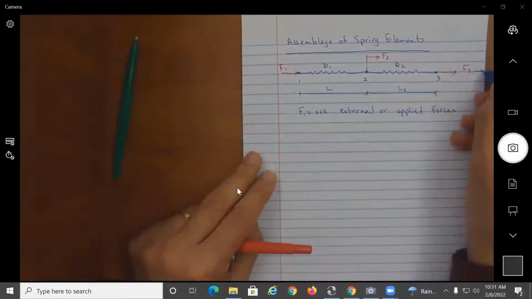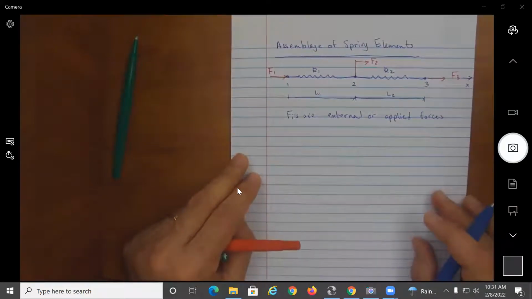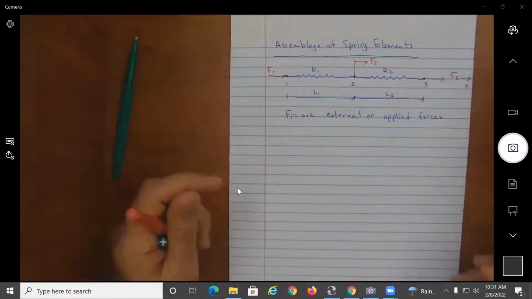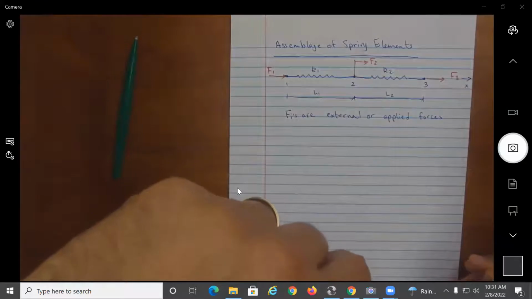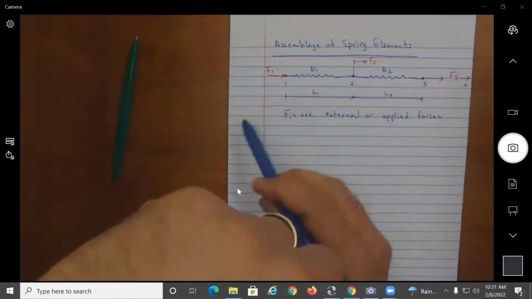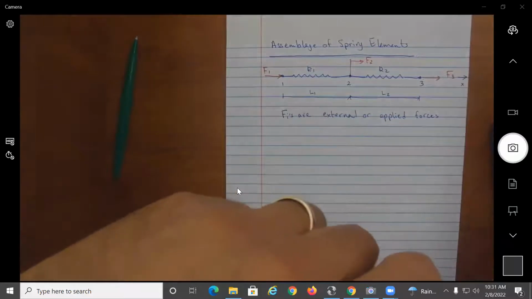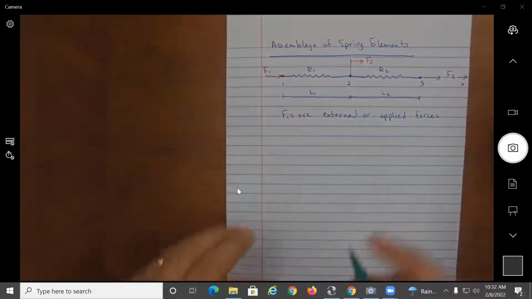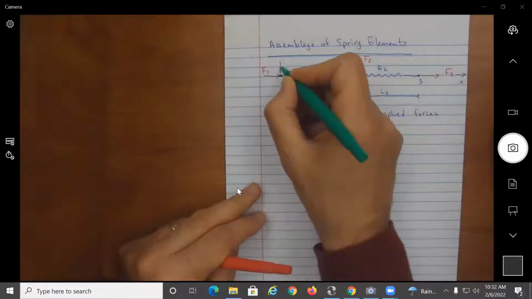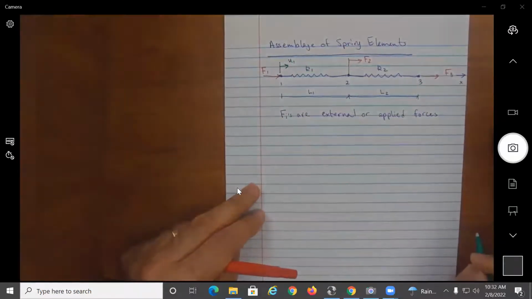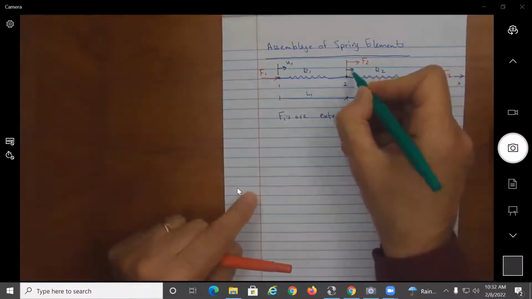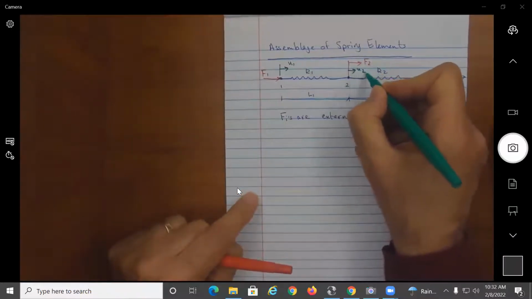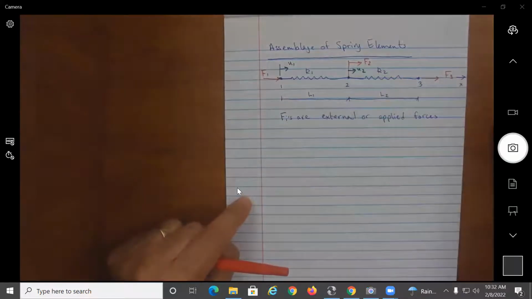Now everything is happening along the x-axis. So if I want to describe the displacement state of the spring assemblage here, node 1 is only allowed to move along the x-axis. So I only need 1 degree of freedom to represent where it's going to go. So I'm going to give that by U1. Node 2 is also going to move along the x-axis, and we're going to show the displacement using U2.